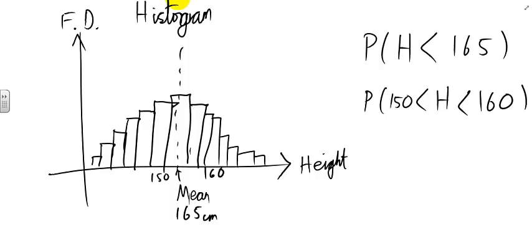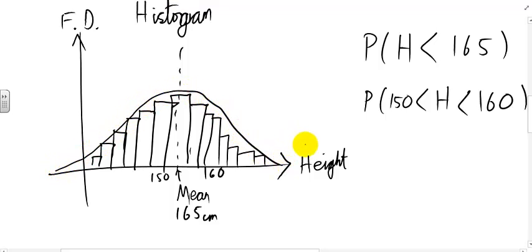And there should be some kind of symmetry about the mean, which means that both sides of the mean are a mirror reflection of each other. This shape is called a bell-shaped curve, and this is what the normal distribution is. It's basically a continuous histogram which has a bell-shaped curve.